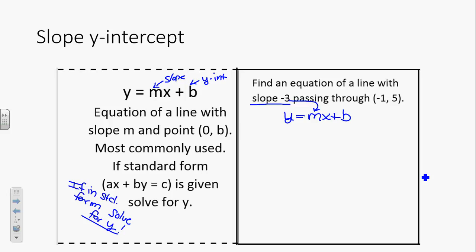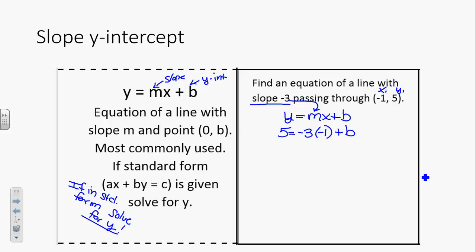And we need to plug our y and our x in for the y and the x. So 5 equals -3 times -1 plus some b. We don't know what b's value is.